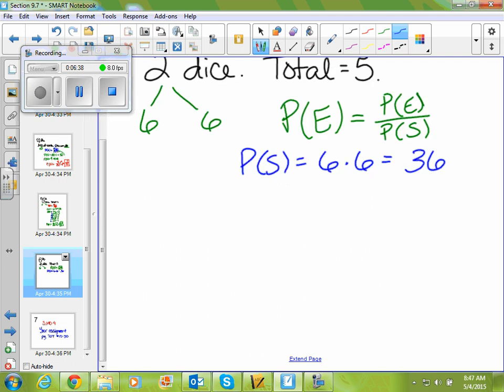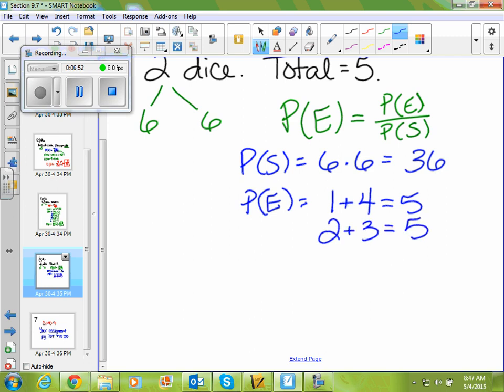If I look then at the probability of my actual event, adding up to 5, remember if I roll a 1, the other option I have to roll is a 4. If I roll a 2, the other option is a 3. If I roll a 3, the other option is a 2. If I roll a 4, the other option is a 1.